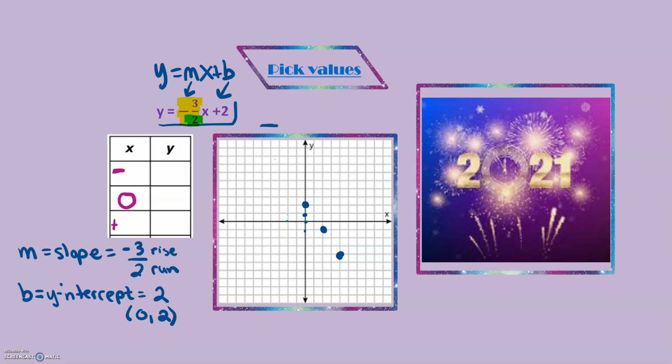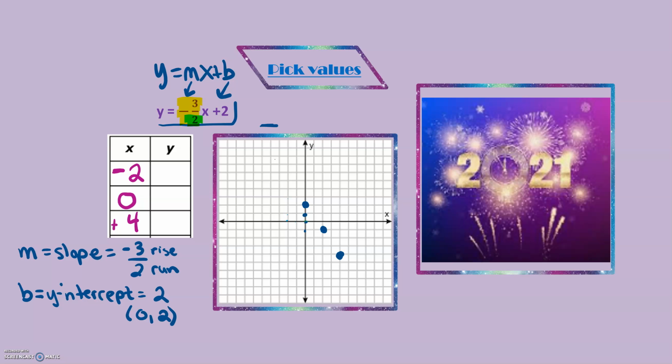So go ahead and pick 3 values. You already picked 0, so you really only need to pick 2 others. I suggest that you pick either 2, -2, 4, 6, 8, 10, whatever you want. I'm going to go ahead and pick -2 and +4.